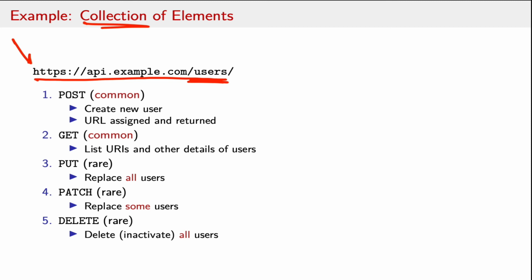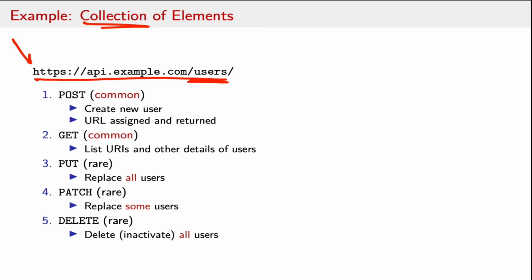I'm going to just use that exact URL, the same one that identifies that collection resource of all the users, and then by specifying a different HTTP method, I'll be able to distinguish one kind of operation from the other. And on the server side, we'll see this when we learn how to implement the web services, the server side will be able to do different things based on the same URL, but different HTTP methods.